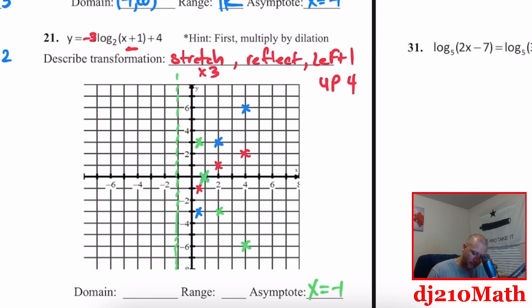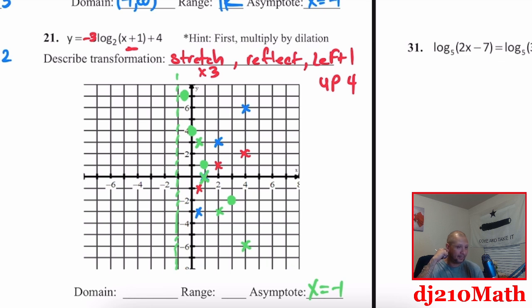These are going to be dots. Left 1, up 1, 2, 3, 4. Left 1, up 1, 2, 3, 4. Left 1, up 1, 2, 3, 4.